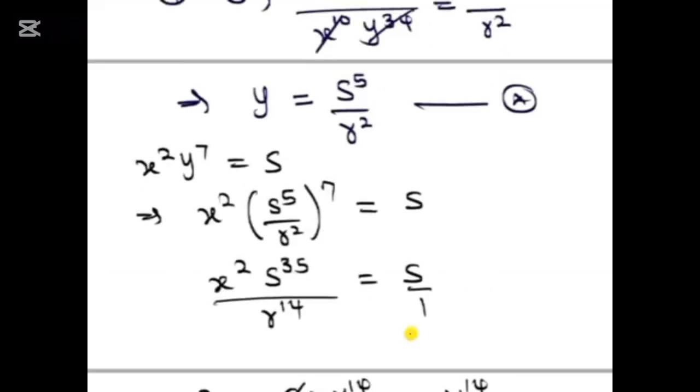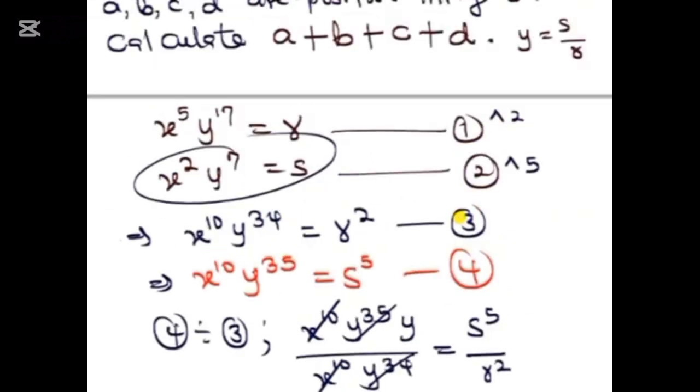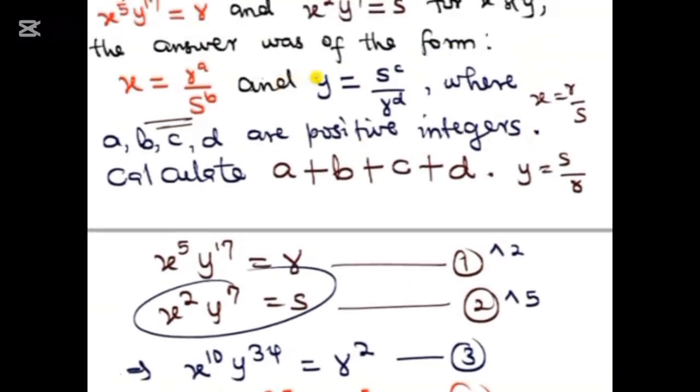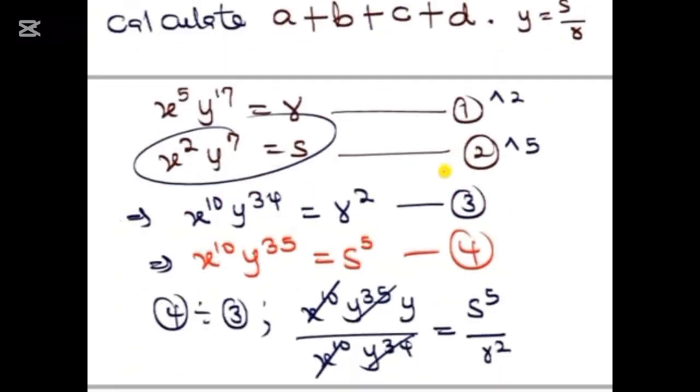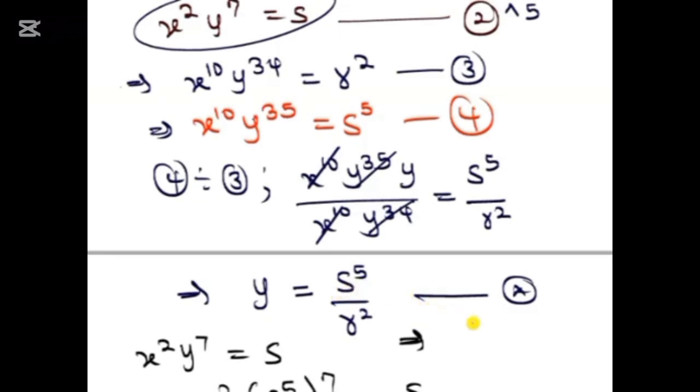So from what we did here originally for our y, you can easily now note here that, remember from the question, your y is equal to s raised to the power c over r to the power d. And here we got that y is equal to s to the power 5. So that means c is 5 and d is 2.